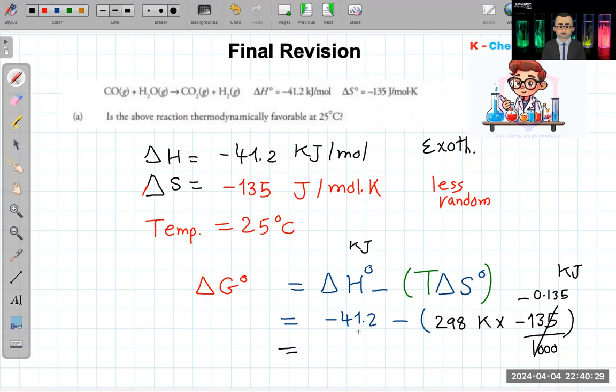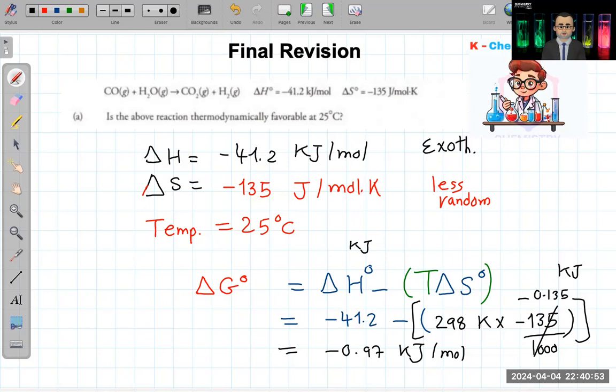By calculation, just subtract these two. You will get delta G equal to negative 0.97 kilojoule per mole. And this is the delta G. We said that this is negative. So is the reaction favored at 25 degrees? Yes, it's favored at 25 degrees.